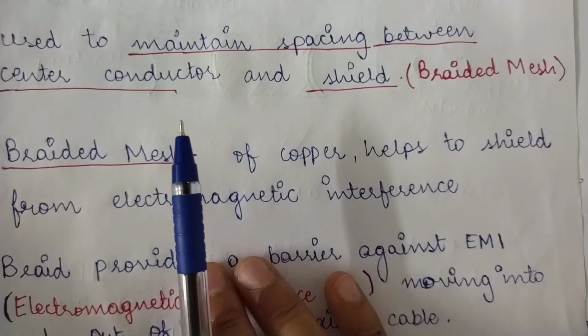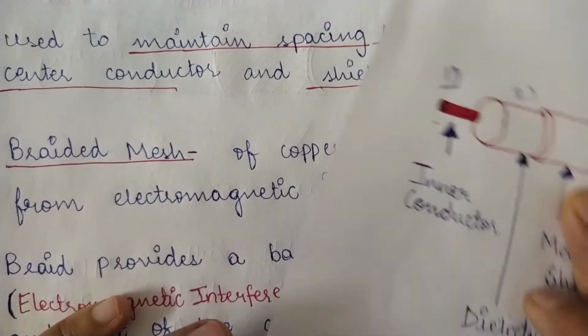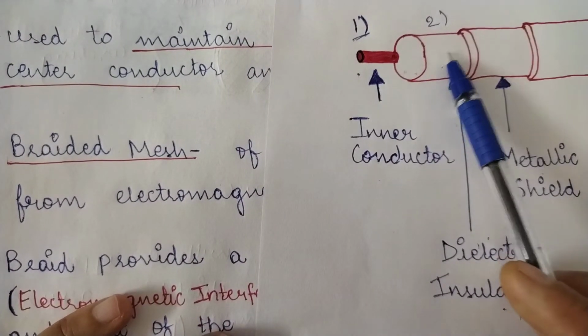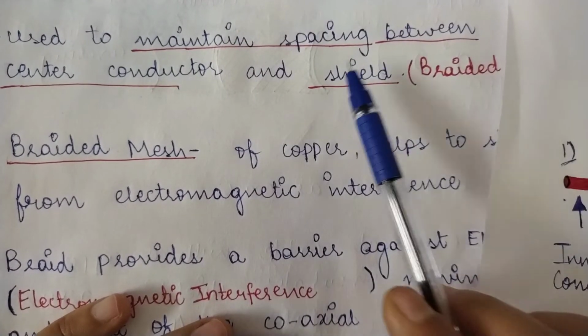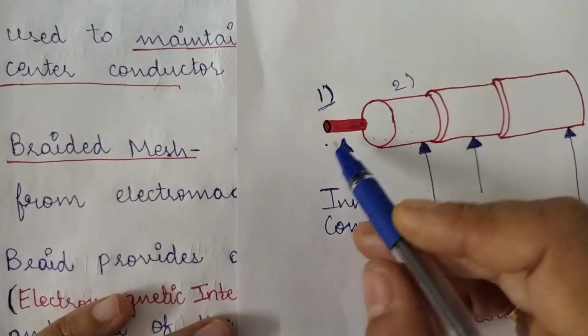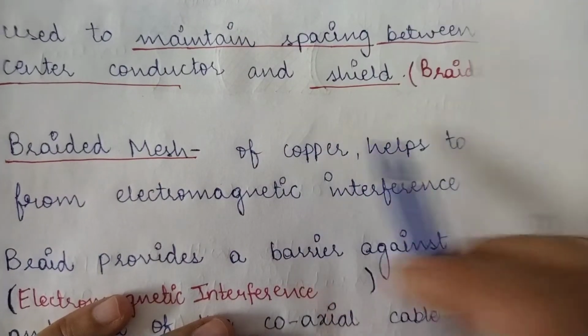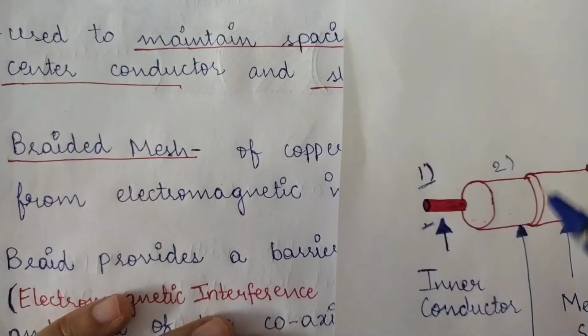Now this particular insulator is used to maintain spacing between the center conductor and the shield. This is the center conductor, and which shield are we talking of? The braided mesh.